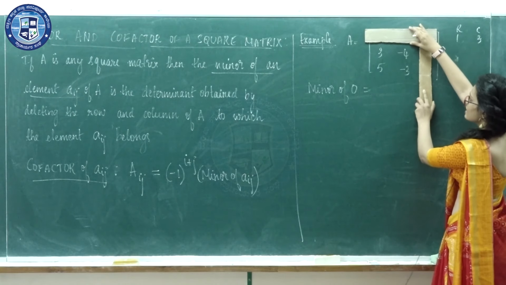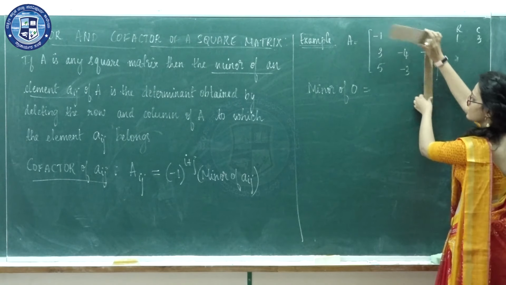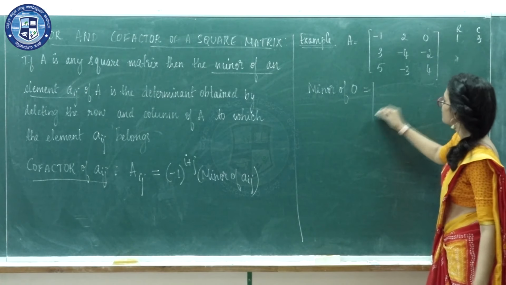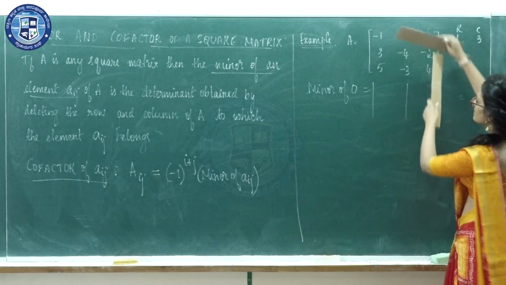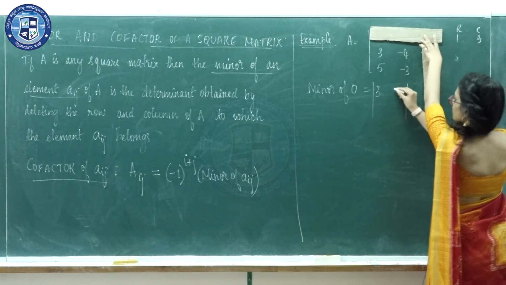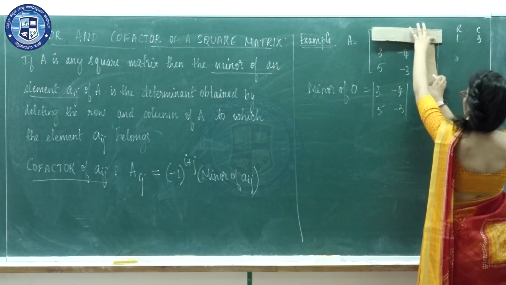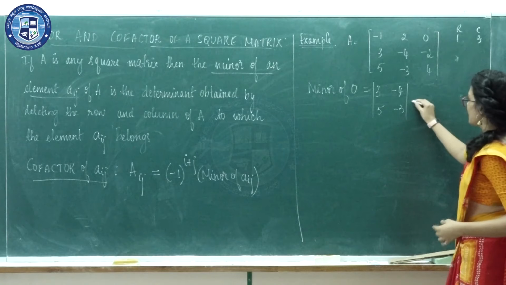So, if we delete this, we have 3, minus 4, 5 and minus 3. So, let us write the determinant. After deleting this, we get 3, minus 4, 5 and minus 3. Okay? So, let us calculate this.